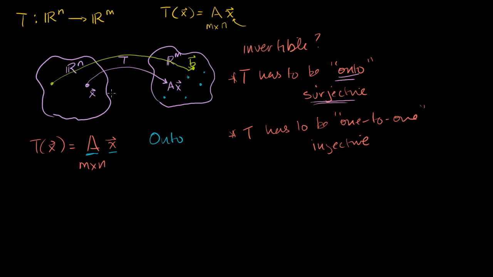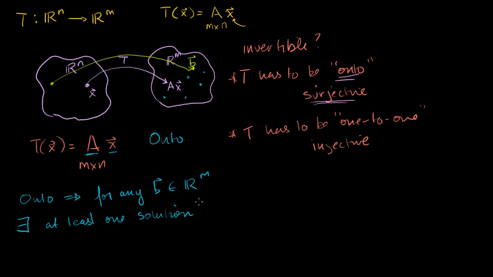So another way of thinking about it is that onto implies that for any vector B that is a member of Rm, there exists at least one solution to A times x is equal to B, where of course the vector x is a member of Rn.